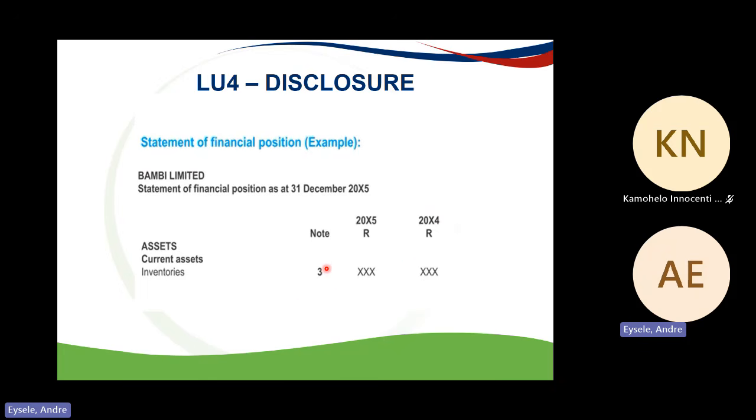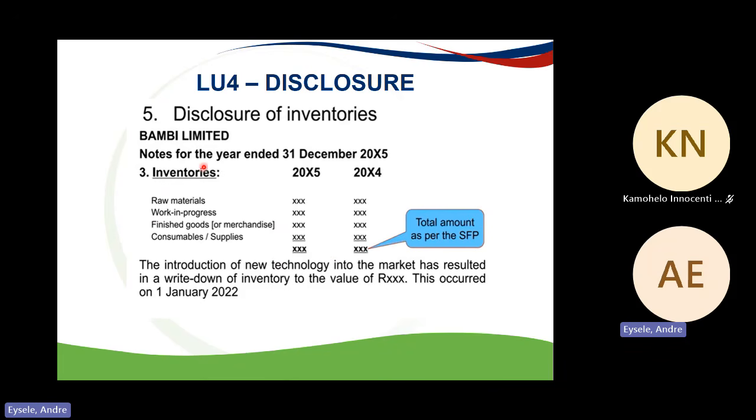So note 3, what does note 3 consist of? Note 3 consists of raw materials, work in progress, finished goods, and consumable supplies. These are also done at NRV, depending on whether the raw materials and work in progress will be incorporated into finished goods that will sell above cost. They will not be written down to NRV. This is just one of the rules of IAS 2.